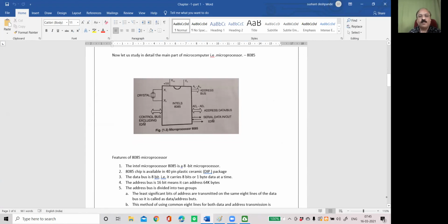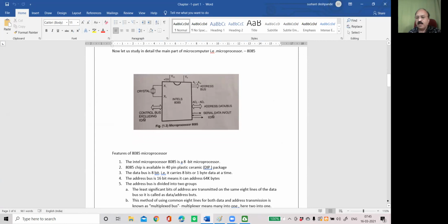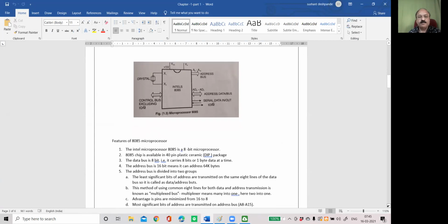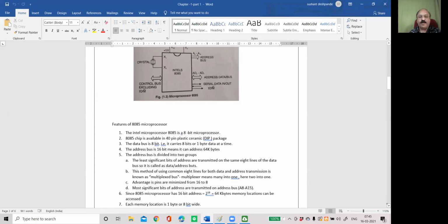Now if you see and move ahead, this is a chip. If you open a CPU, you will get the top view of the microprocessor chip like this. What are the features or characteristics of microprocessor 8085? As we have discussed, it is an 8-bit microprocessor.